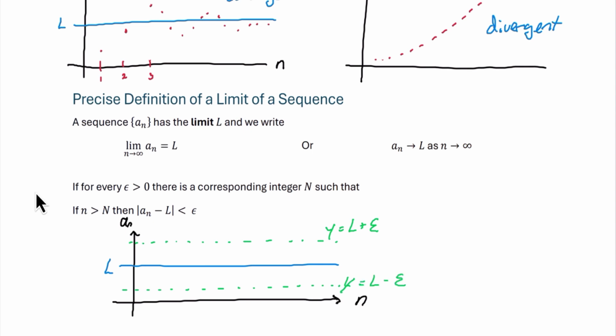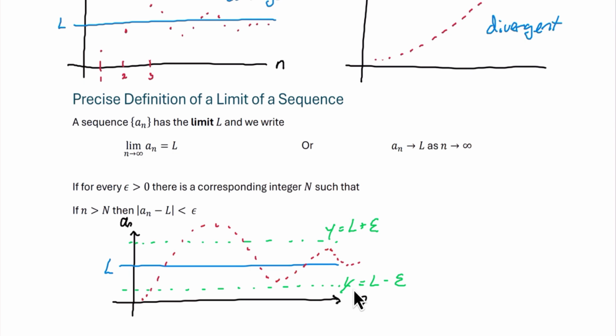We have this epsilon window around our limit. Then if we want this to be a convergent sequence, the a sub n values may look something like this. Eventually they will start to remain within those two horizontal lines with the epsilon window around our limit.